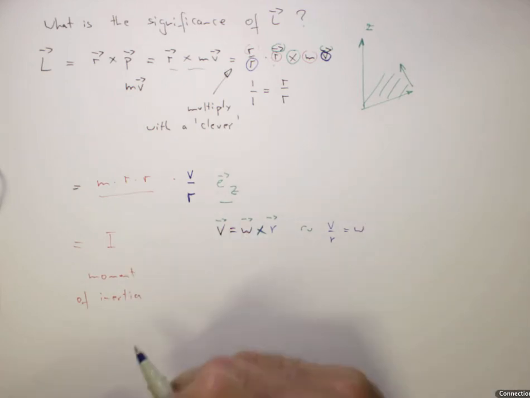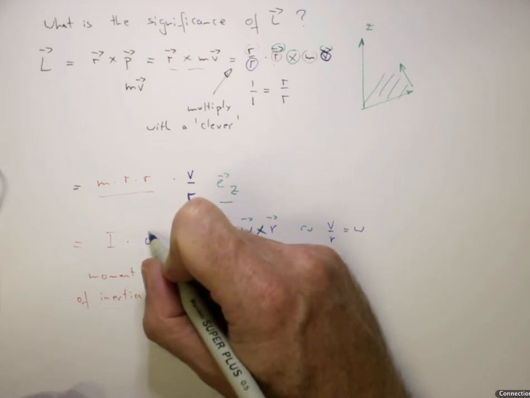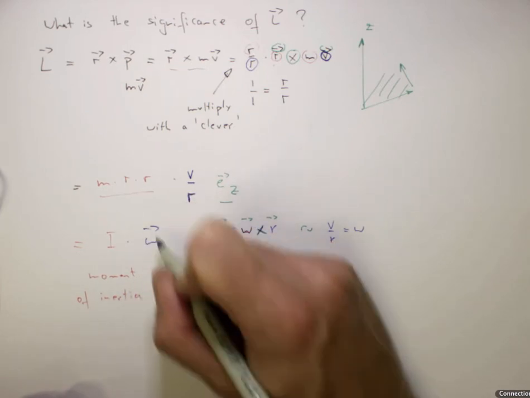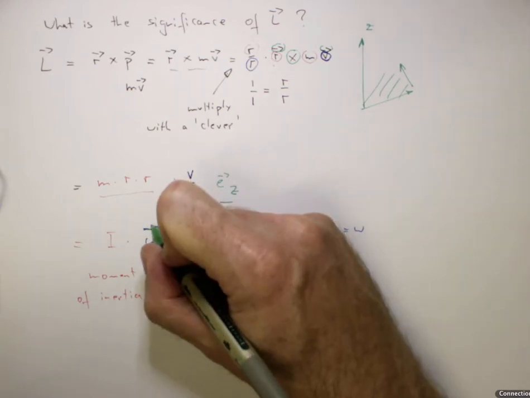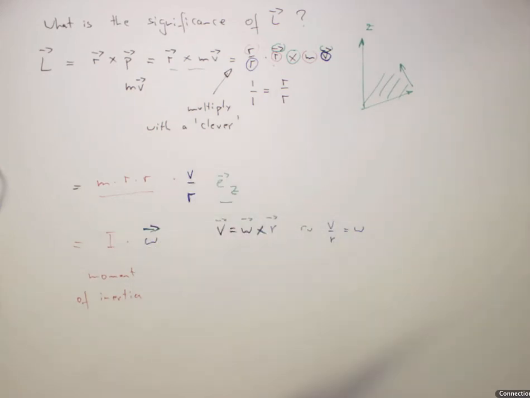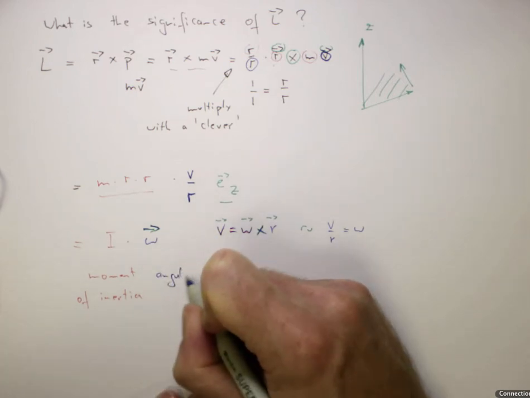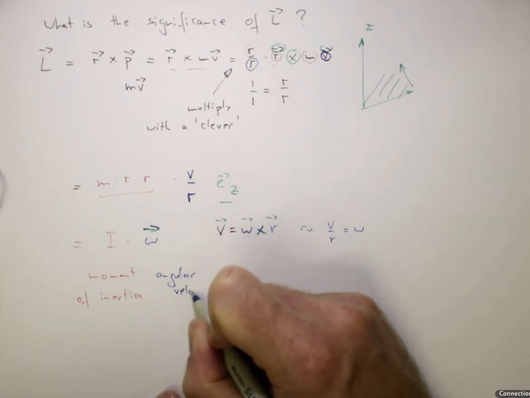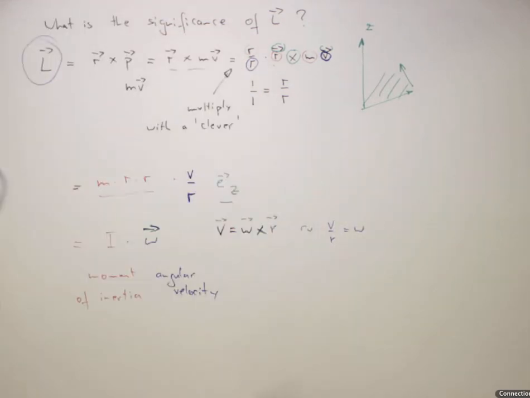So we have moment of inertia times omega, and the vector needs to be green. So moment of inertia times angular velocity.